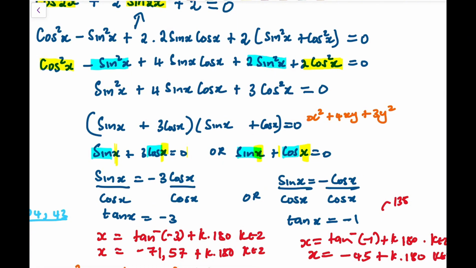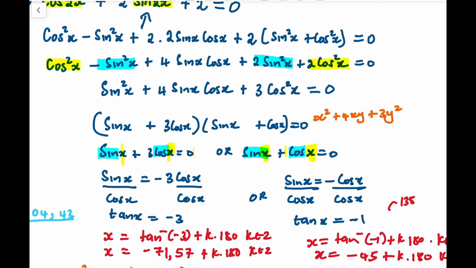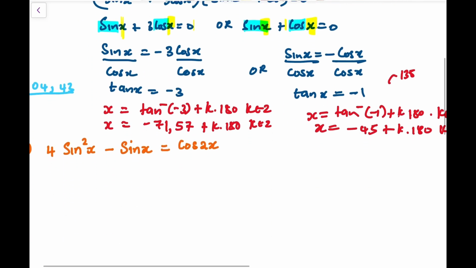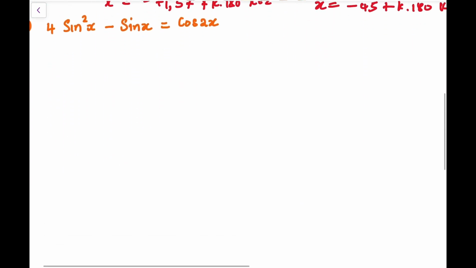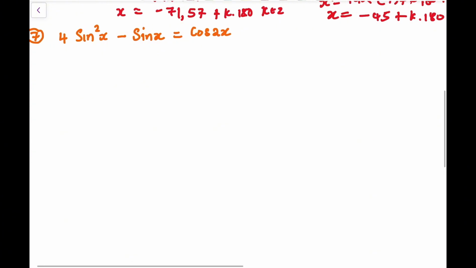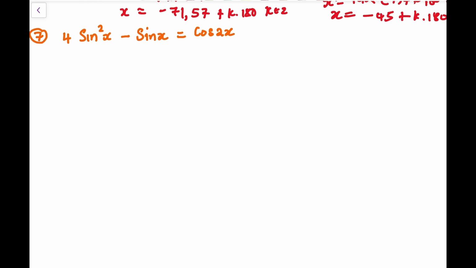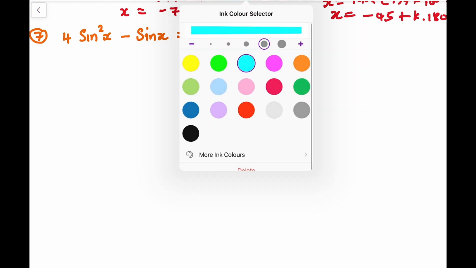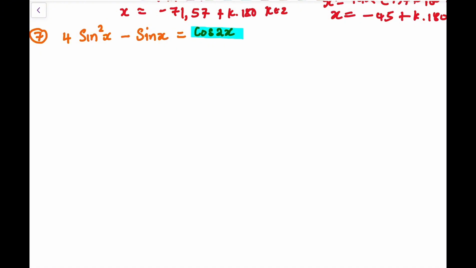Let me move to number 7. Number 7, we are given 4 sine squared x minus sine x is equal to the double angle of cos 2x. Now we need to change this double angle, but we can see already that on the left hand side we have sine and sine.